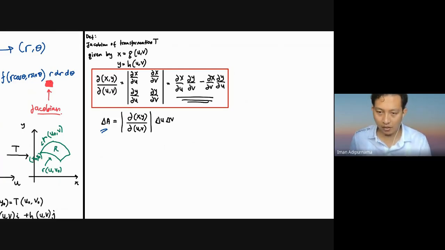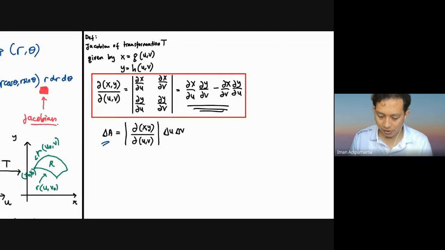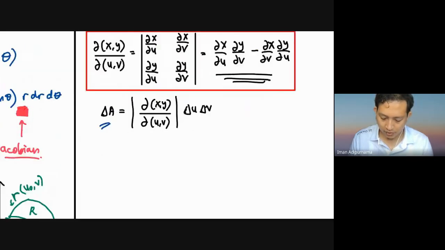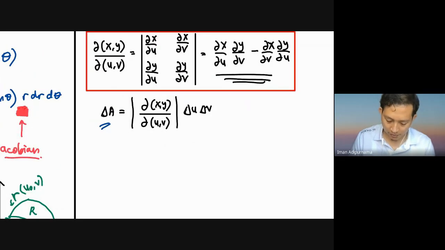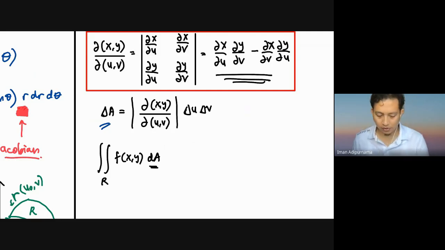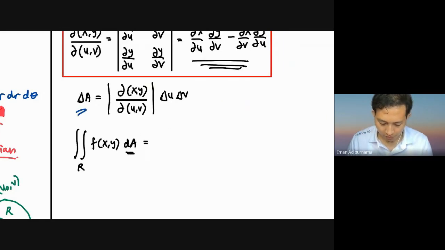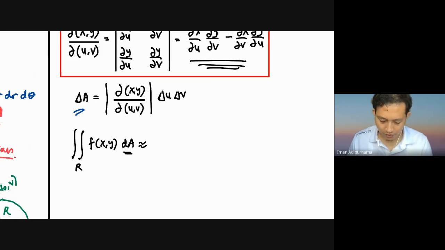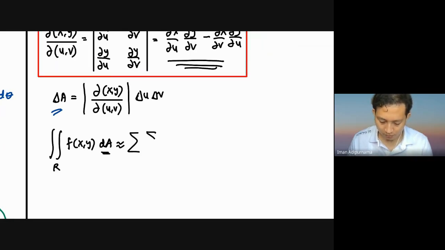And then from this Jacobian here, you get the delta A, and the delta A basically is what you are going to use for the A here, right? If you have double integrations. So basically what we are going to do is we are going to input that. Oh, wait, I will start with the Riemann sum first. We are going to put that into our definition by using Riemann.